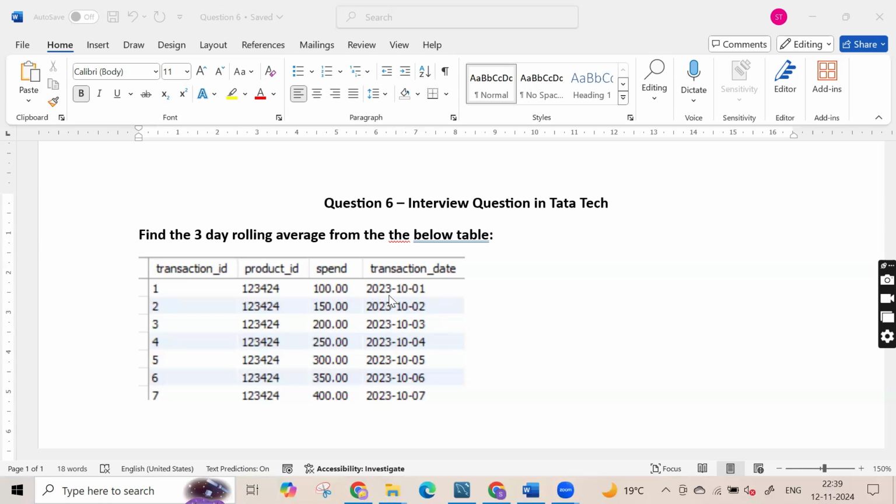Just consider this as a scenario where you are in a retail shop and you have multiple items, multiple products, multiple SKUs, and a particular SKU with product ID 123 424 has been sold many times on this particular day. Let's say this day is 1st of October.